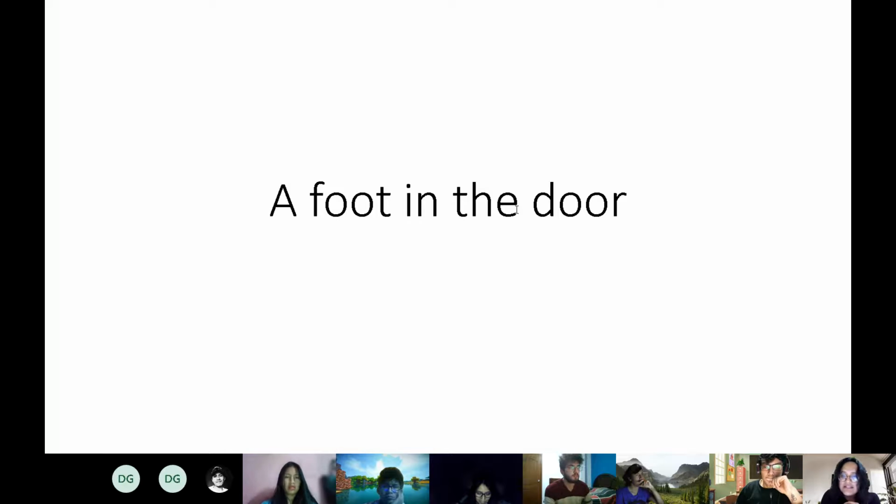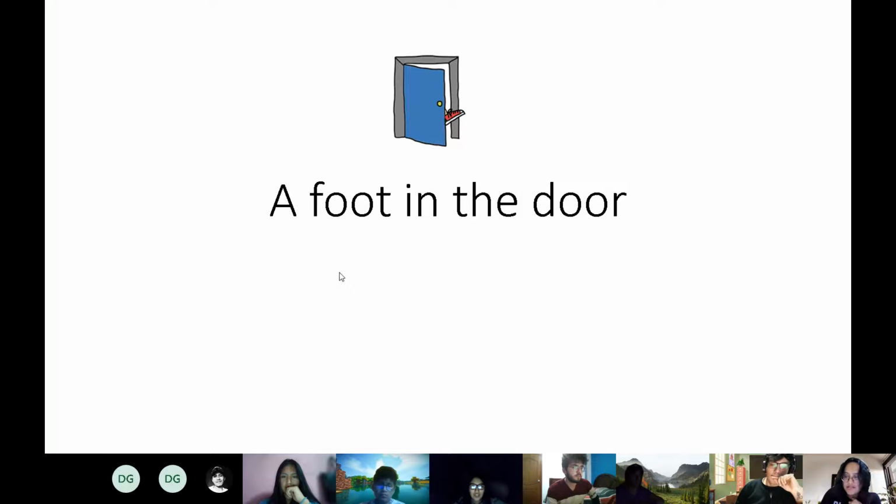What do you think this idiom is trying to express? A foot in the door. Maybe it means that I'm getting close to my goal. Almost. Okay, another opinion?